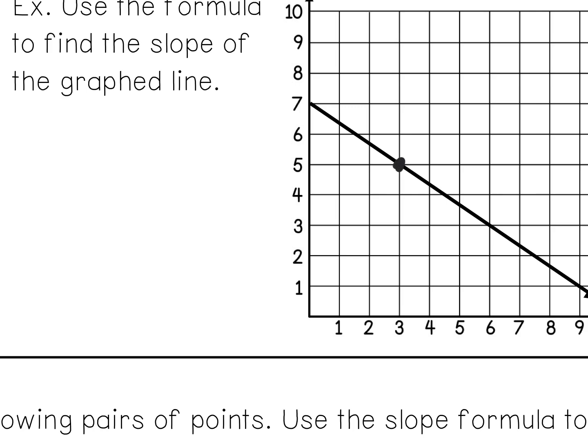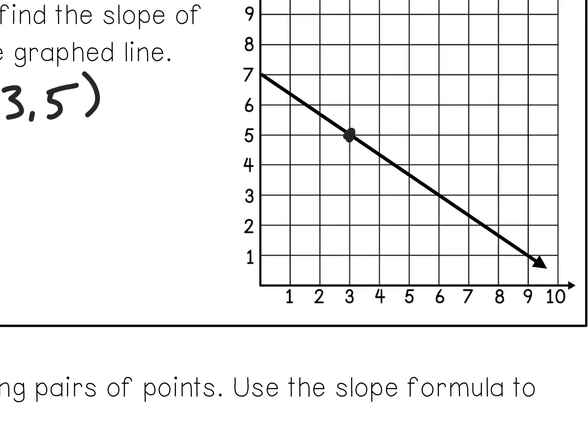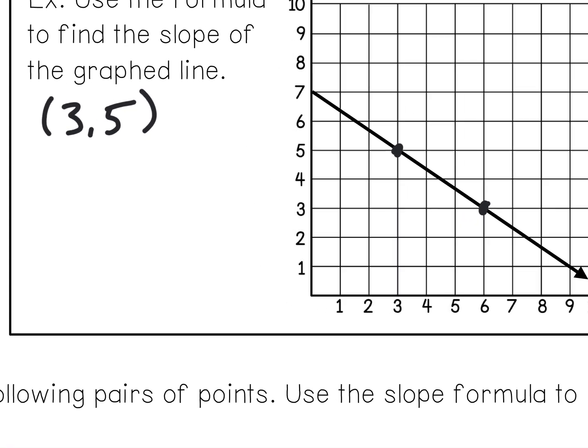Oh, I was looking at the wrong thing. And then (6, 3). And you could do (9, 1). You could also do (0, 7). But since you guys said (6, 3) and (3, 5), we'll go with those.